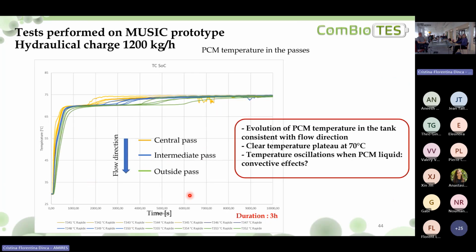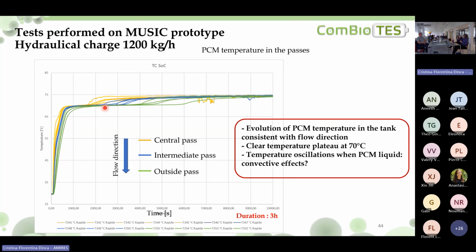Here is a figure showing the evolution of PCM temperature around the tubes. I plot 15 PCM temperatures, 5 in each pass.